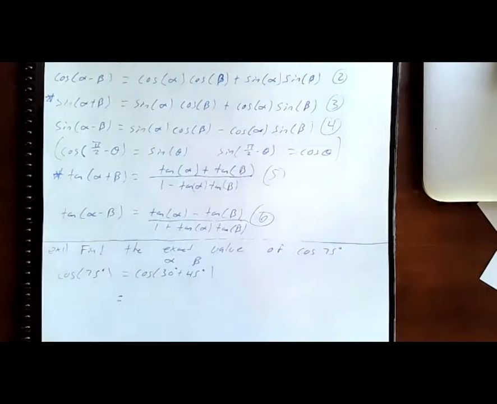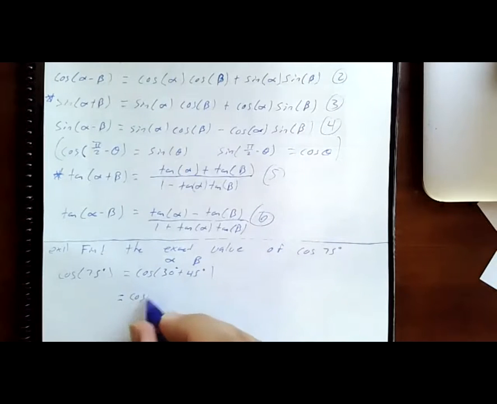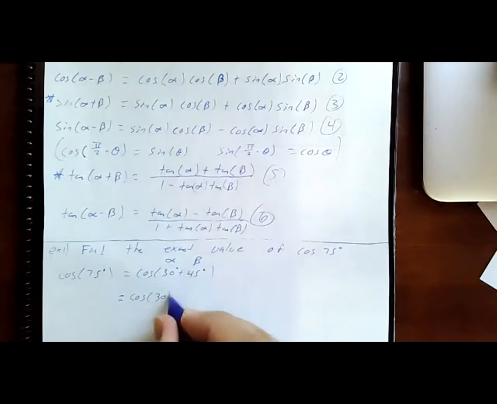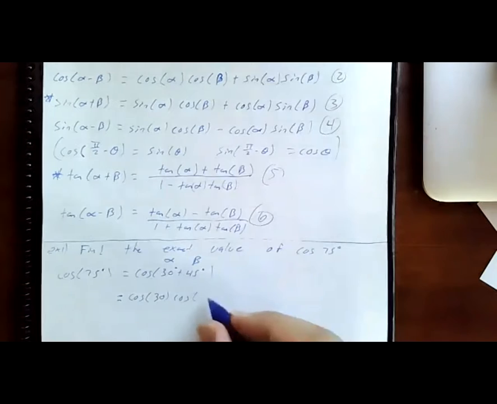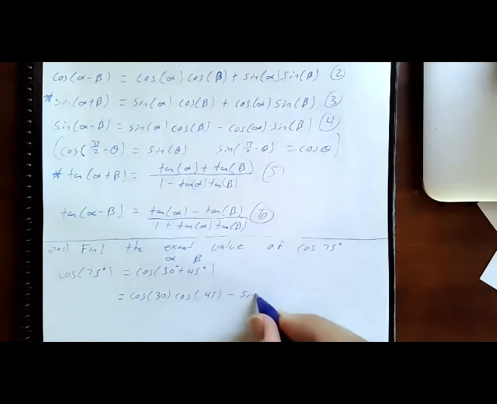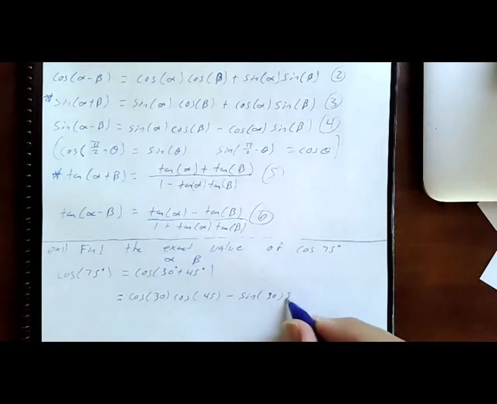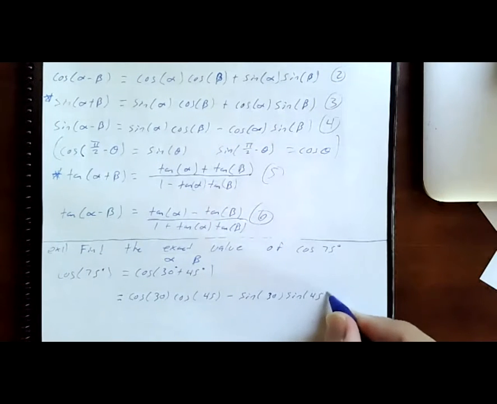It does not matter which one is first. You can put 45 first if you want. The formula says cosine of alpha times cosine of beta minus sine of alpha times sine of beta.